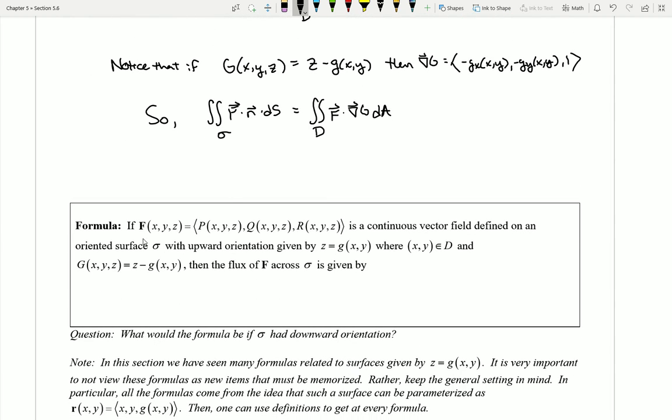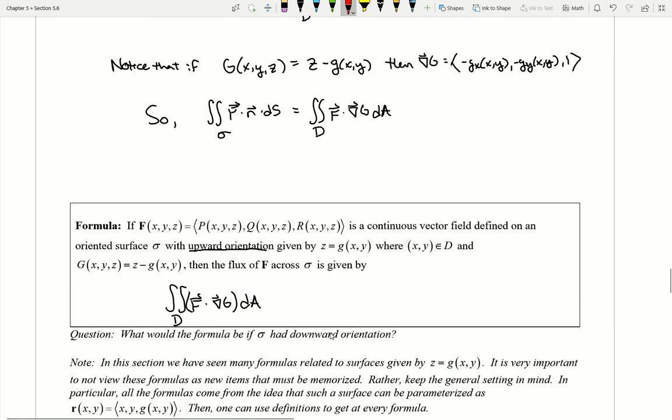If F is a continuous vector field defined on an oriented surface sigma with upward orientation, notice here again with upward orientation, then the flux across sigma is given by, just like what we said above, F dotted with the gradient of G, dA. So this is really, really powerful.